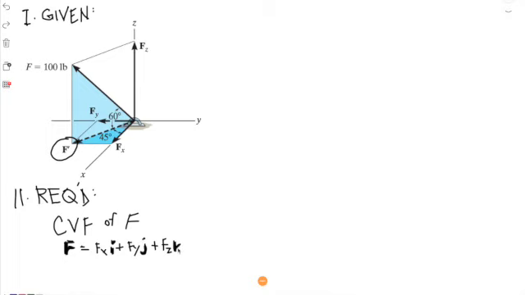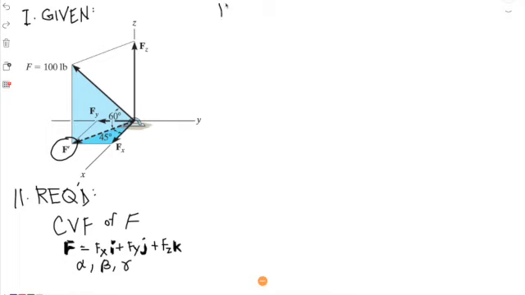And apart from that, we also need the direction angles. We need alpha, beta, and gamma. So what we are actually looking for are the values of these variables: Fx, Fy, Fz, alpha, beta, and gamma.